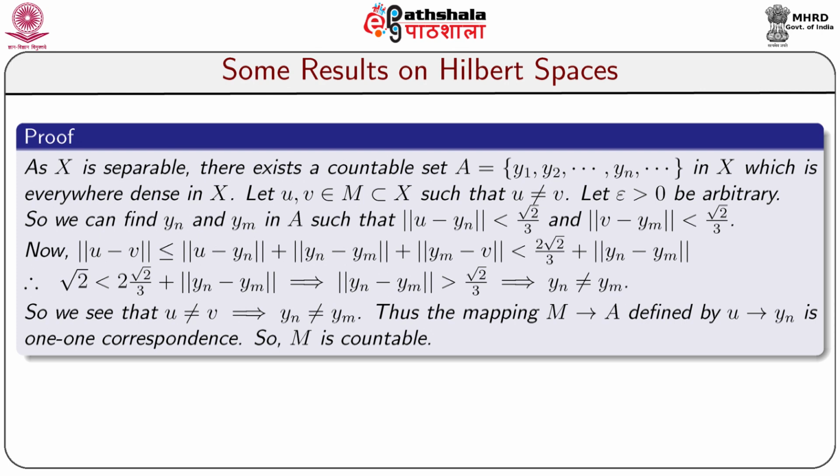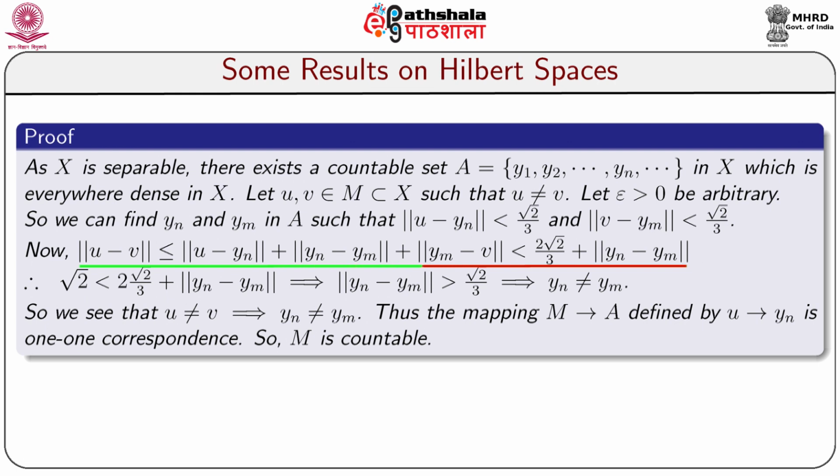So we can find yn and ym in A such that norm of u minus yn is strictly less than root 2 by 3 and norm of v minus ym is strictly less than root 2 by 3. Now norm of u minus v is less than or equal to norm of u minus yn plus norm of yn minus ym plus norm of ym minus v.